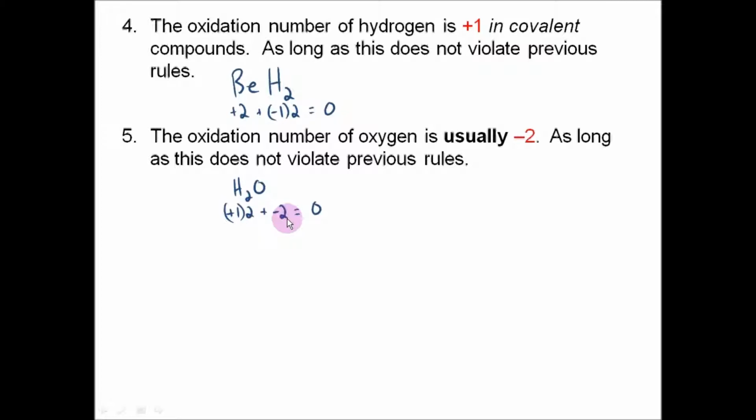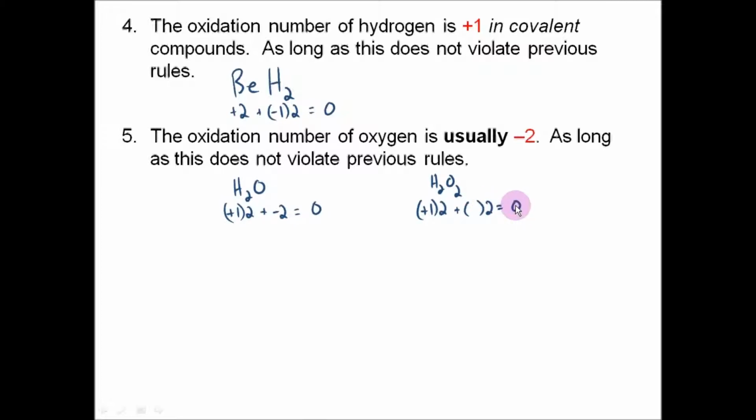So that works out. But in another compound, hydrogen peroxide, H2O2, we can't have the same thing happen, because when we use rule number 4 to tell us that hydrogen is usually +1, that gives us +2 on the hydrogen side of things. If we did -2 on the oxygens, we wouldn't come up with an overall charge of 0 when we sum up all these charges.